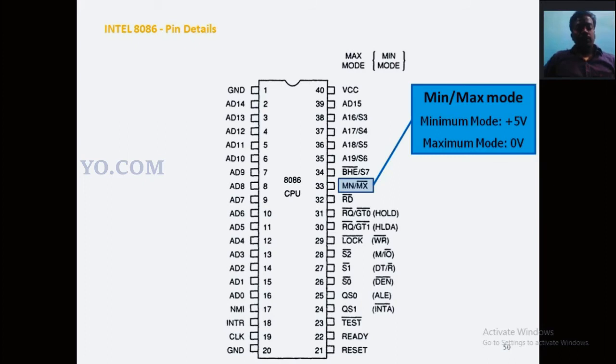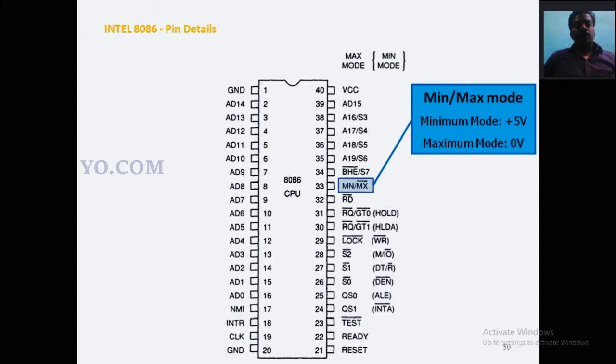If pin number 33 is connected with 0 volt, that is considered maximum mode. Minimum mode means the minimum features of the microprocessor are accessed. In your mobile phone, in the power option, there is full features and minimum features, which are used to save the battery.